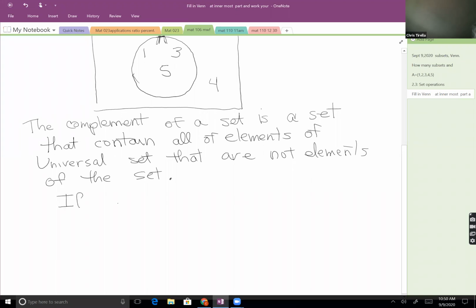If S is a set, S prime, and that prime almost looks like an apostrophe, is the complement of it.